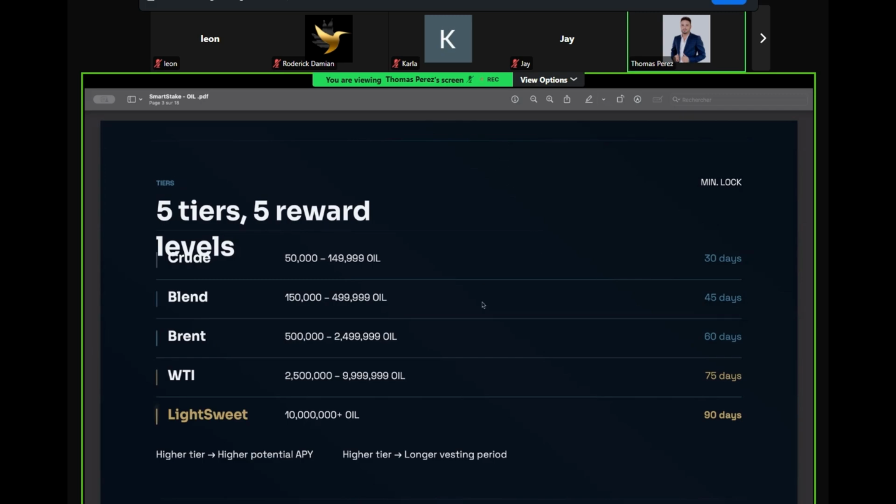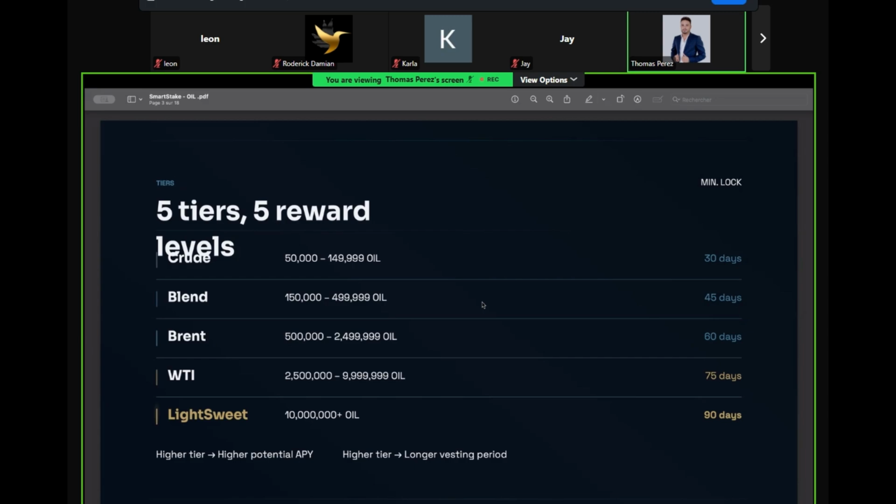And each tier comes with two main characteristics. First, the potential reward level, which increases as you go higher. And second, the vesting duration, which also becomes longer. And the vesting duration is directly linked to your pending reward.